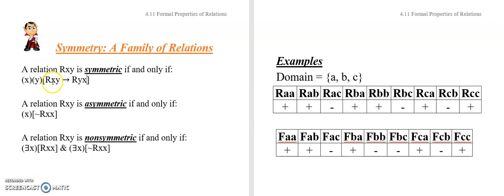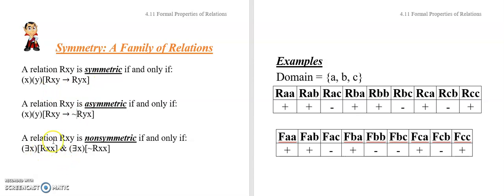So if the first thing bears R to the second thing, then the second thing bears R to the first thing. Okay? Similarly, we're going to define this for asymmetry. For asymmetry, it is: if the first thing bears R to the second thing, then the second thing does not bear R to the first thing. We're going to do plenty of examples shortly. Okay? Just let me get the definitions on the board.